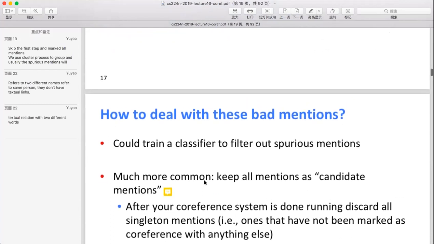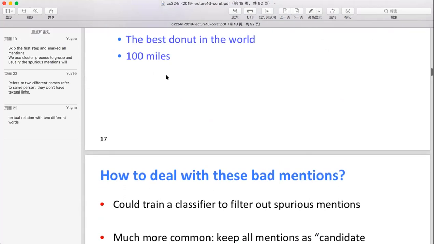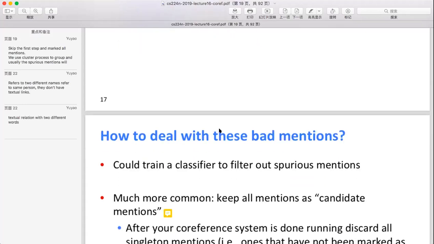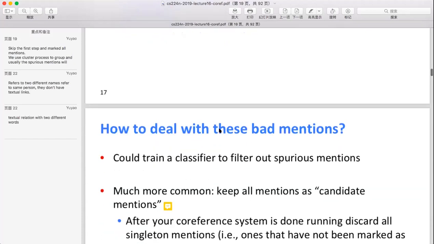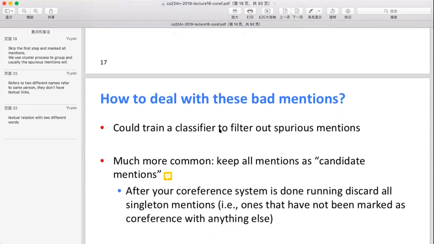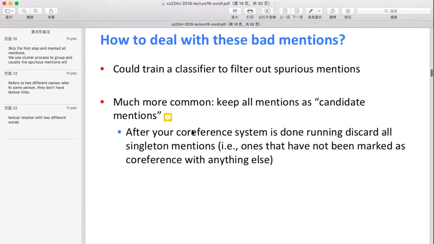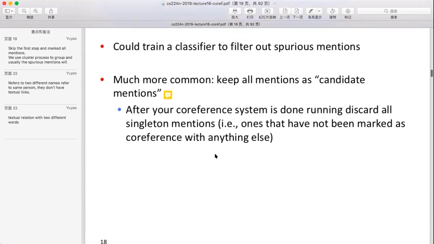For example, "100 miles": when we do all our clustering, such words stay single as one cluster, so it's not linked with any other clusters. After we do our clustering process, we say this word is a singleton word, not linked with any other groups. So we just filter those out and keep only the valid mentions. This is a time-saving way to process our mentions.